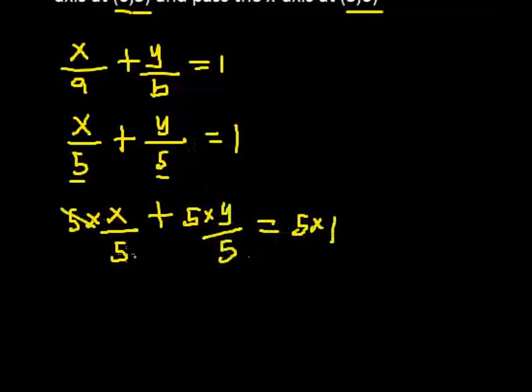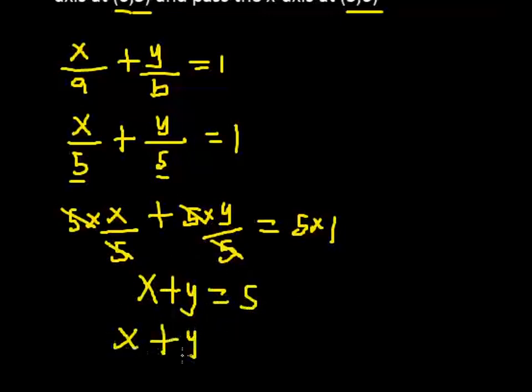Of course, 5 cancels 5, 5 cancels 5. So the equation now becomes x plus y is equal to 5 times 1, which is 5, or x plus y minus 5 equals 0. Okay, so that's it.